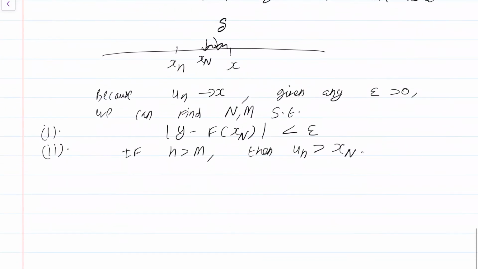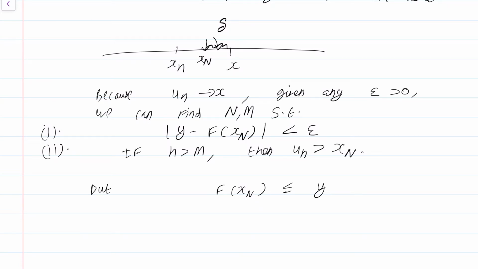Okay. Now how does this help? We actually have more data than what I have written down. I have written modulus of y minus f of xn, but I could have forgotten about the modulus. We actually have f of xn is less than or equal to y, right?